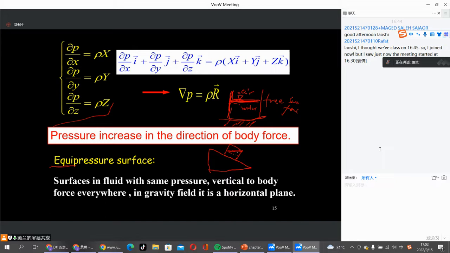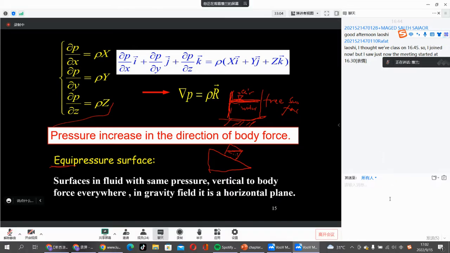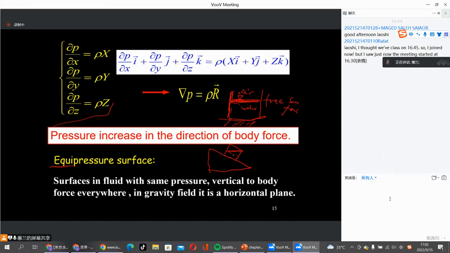The free surface is also the equal pressure surface. Which one? Can you try to tell me, if this glass of water is put on the slope, should the free surface be the solid line or the dashed line?